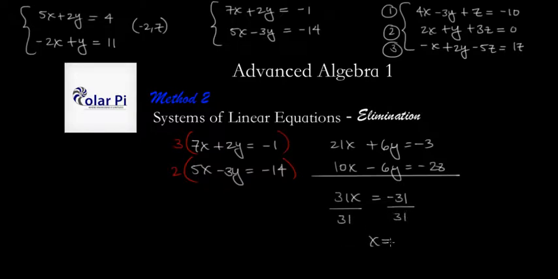So x is equal to -31 divided by 31, which is -1. Yeah, x is -1 here, and now you can find y by replacing x using either of the two relationships. Yeah? Cool. All right. So that's that.